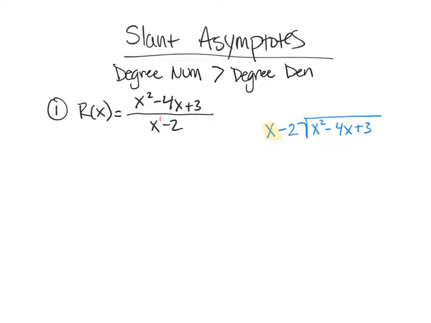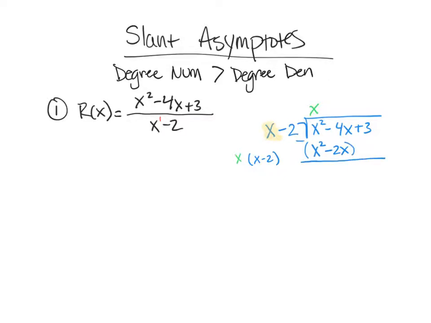What do I need to multiply to x to get to x squared? I'm going to multiply in an x. So I take this x and multiply it to my x minus 2, and I get x squared minus 2x. And I'm going to take all of that and subtract it.